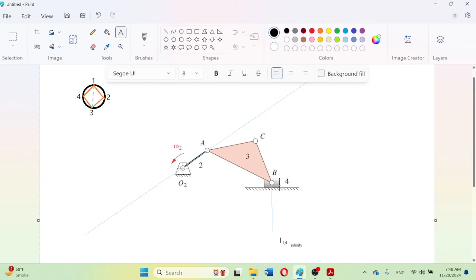So using the other trio, instant center 3,4 is at this pin, and instant center I1,4. So using Kennedy's theorem, the third instant center I1,3 will be on this line, which connects instant center 3,4 and 1,4.